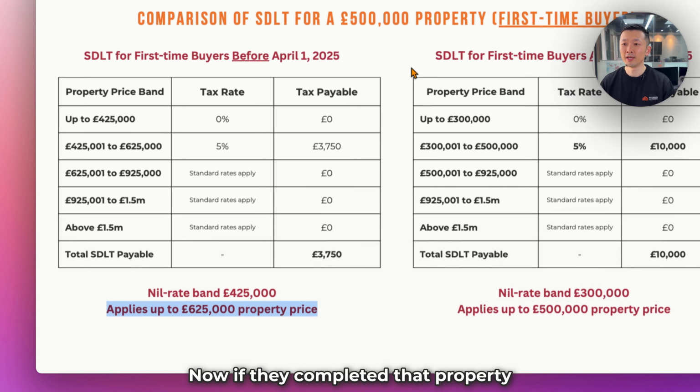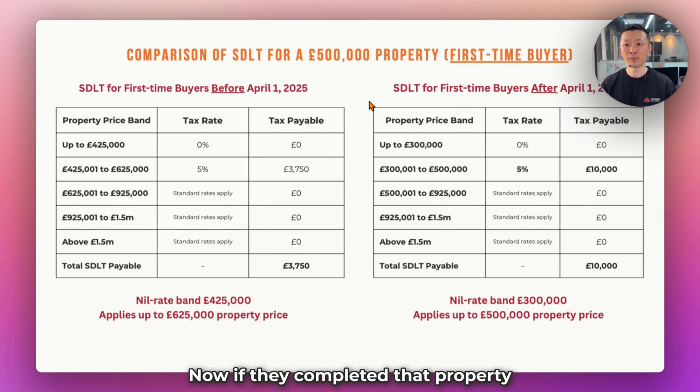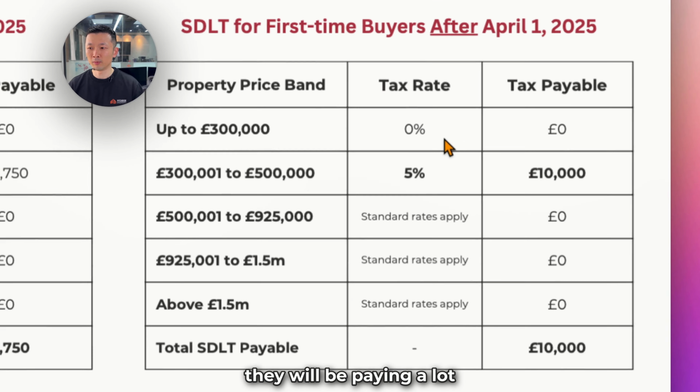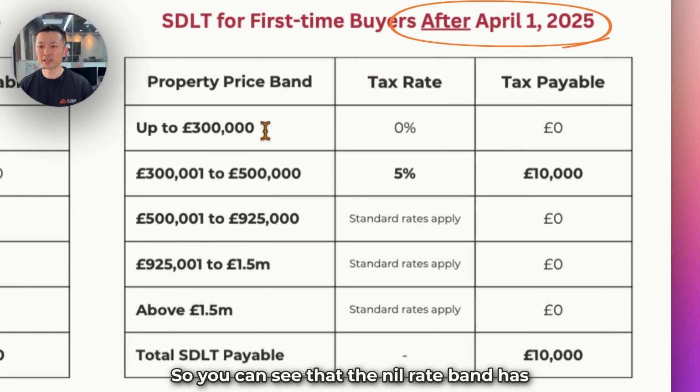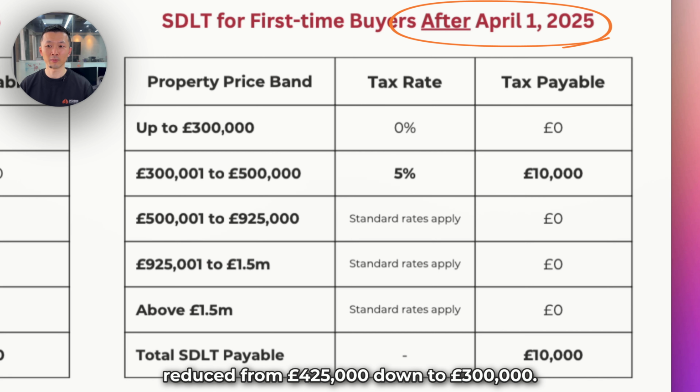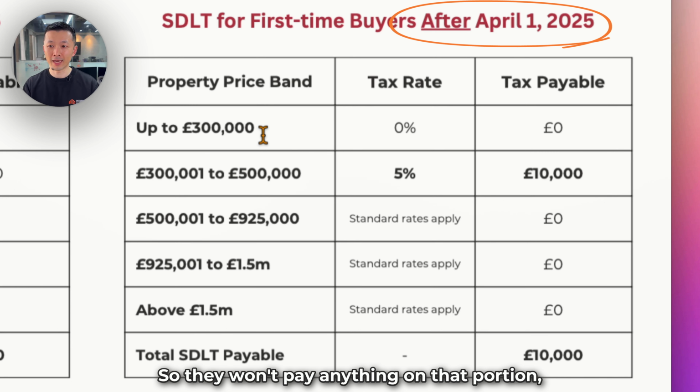Now, if they completed that property for £500,000 after the 1st of April, they will be paying a lot more in terms of stamp duty. You can see that the nil rate band has reduced from £425,000 down to £300,000, so they won't pay anything on that portion.